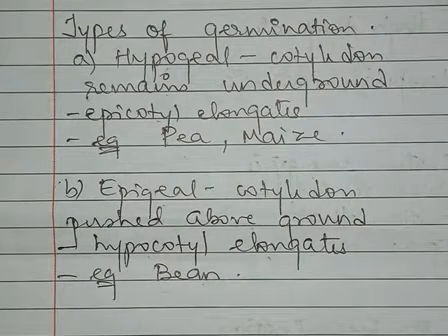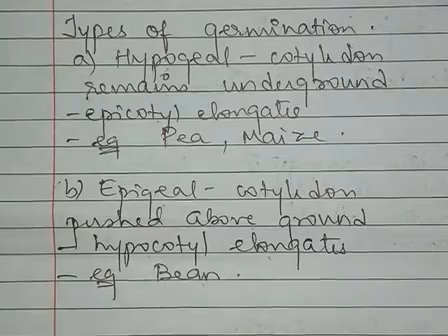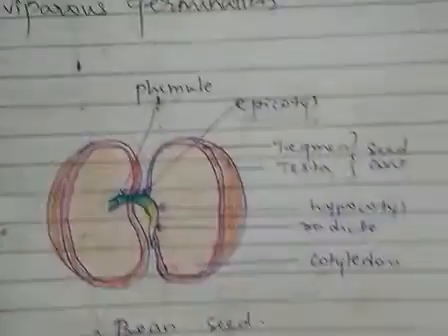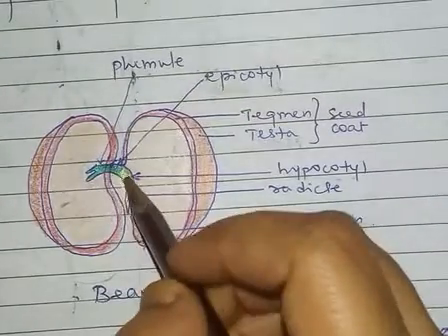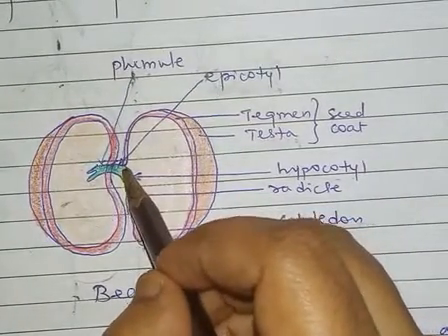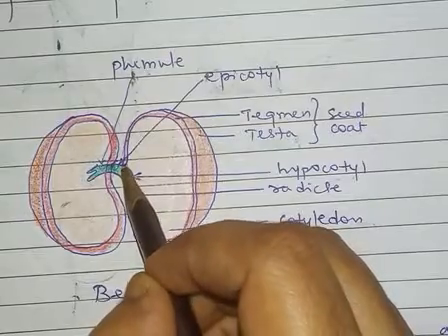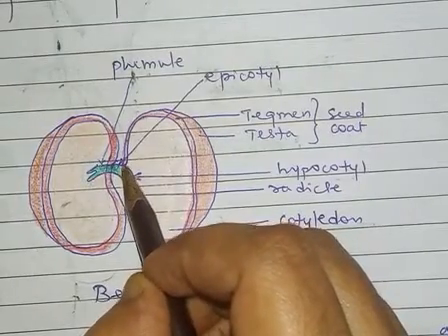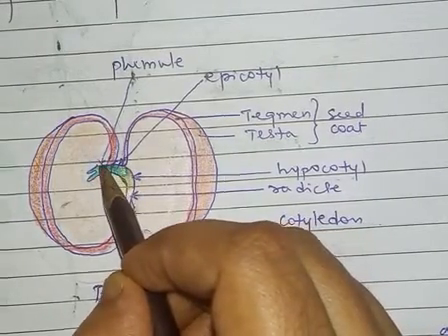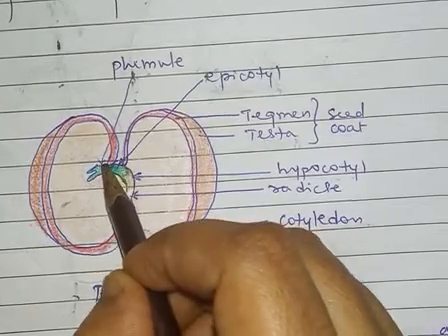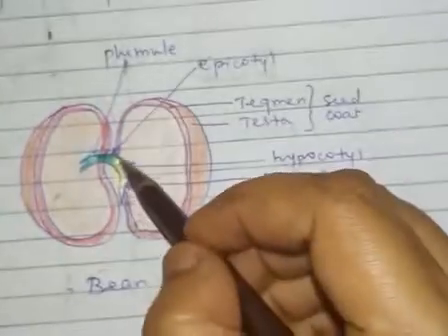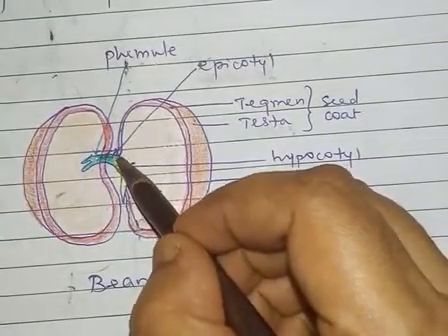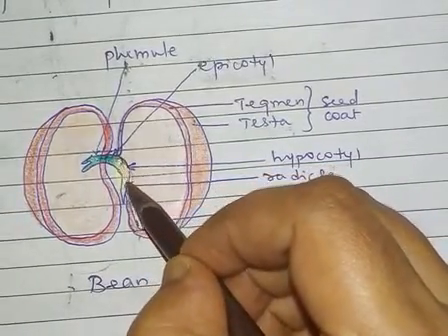Okay, just to remind you once again, I will show you the parts called epicotyl and hypocotyl. With the help of this diagram, I told you that the region between the point of attachment of the embryo to the cotyledon and the plumule is called the epicotyl. And hypocotyl is the region between the attachment of embryo to the cotyledon and the radicle.